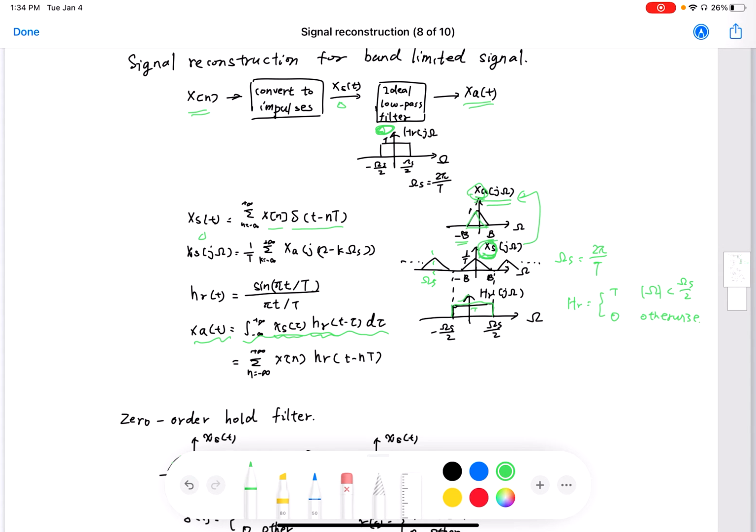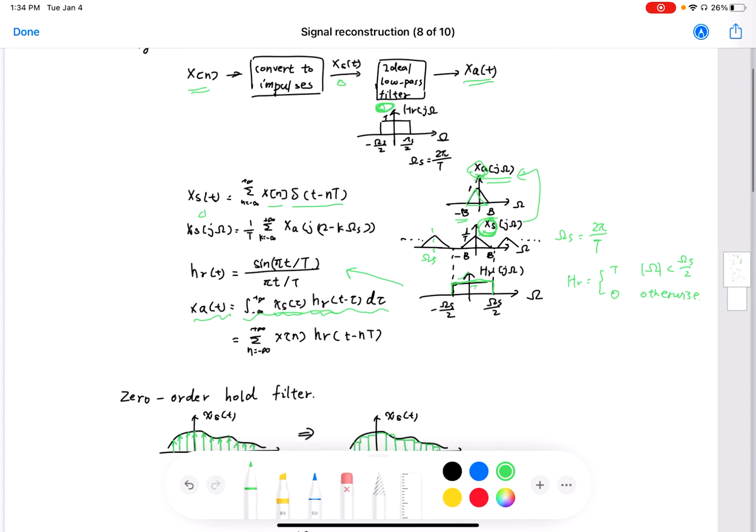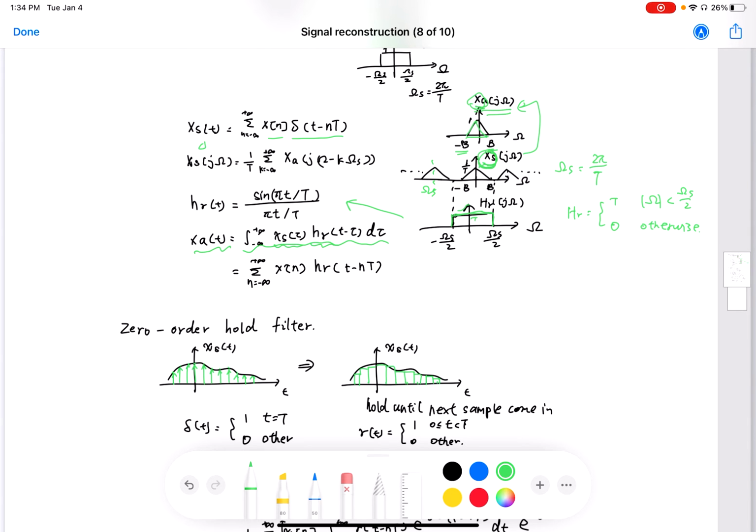The rectangle in frequency domain is equivalent to the sinc in time domain. This is called the Dirichlet kernel. Actually, I can also help calculate this.